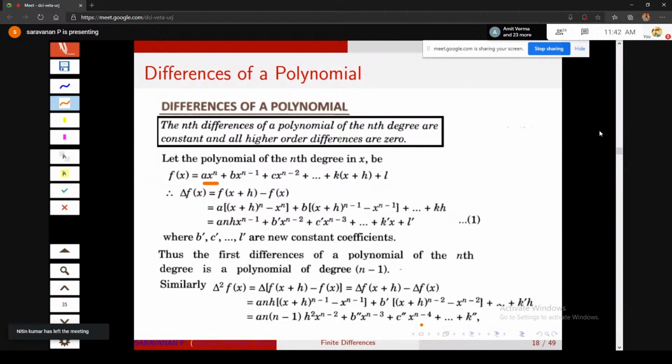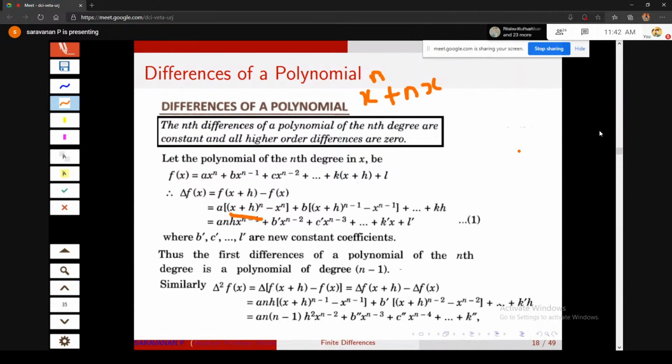No, sir. Okay. So now if I expand this x plus h power n by using binomial theorem, what you will get? x plus h power n. x power n, right? Plus nc1, that is n x power n minus 1 h, then plus nc2 x power n minus 2 h square, etc. Right?